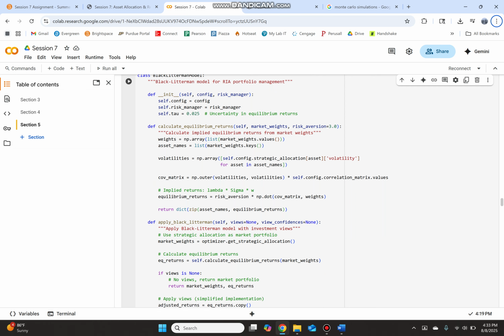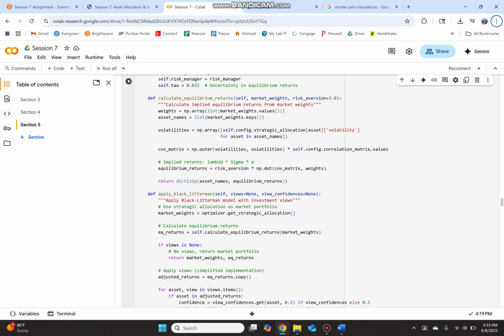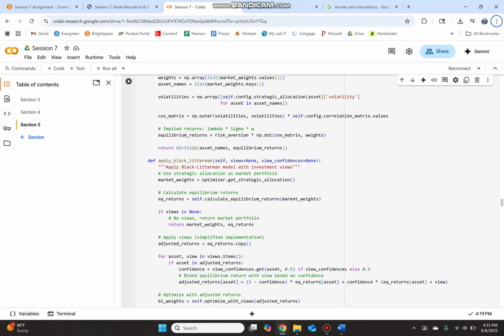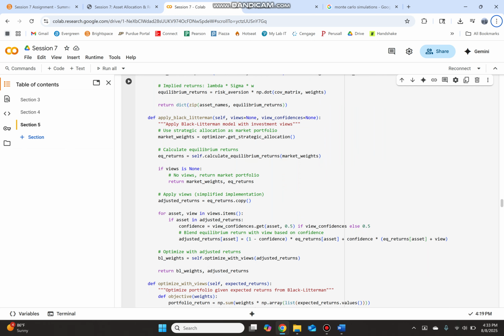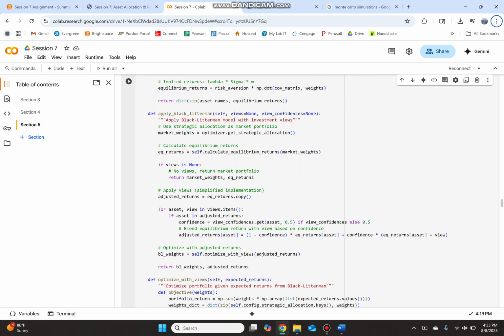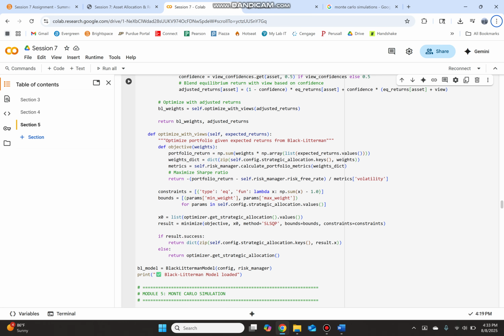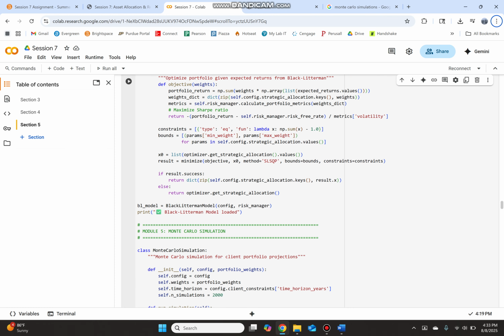Our volatility and our covariance matrix, and then it calculates our strategic allocation as the market portfolio, calculates our equilibrium returns based on what was given in the market, and then if it sees that there's any changes needed, then we optimize those based on the market equilibrium with the Black Litterman, and return it in our data, which will give us our maximum Sharpe ratio with an accurate equilibrium.